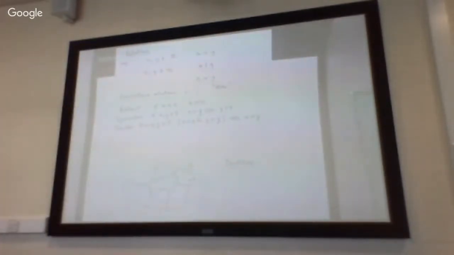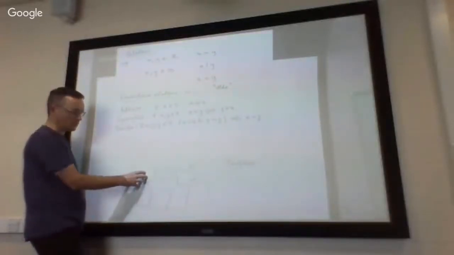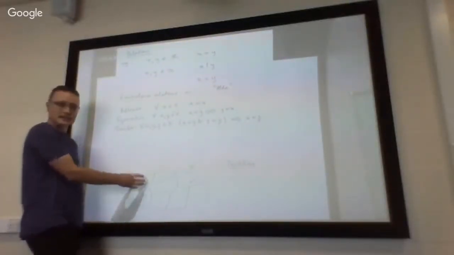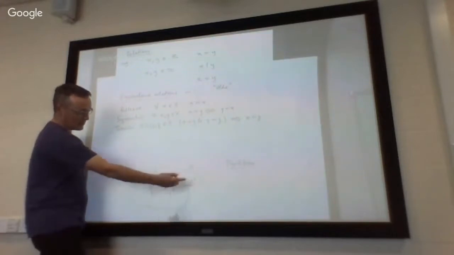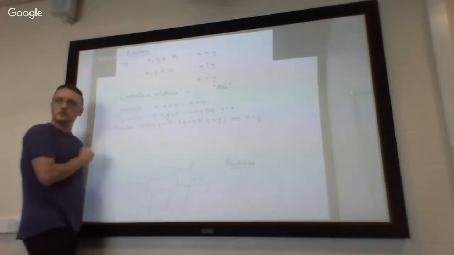There's a kind of theorem connecting equivalence relations and partitions, saying that whenever you've got an equivalence relation on a set, if you pick a particular element and look at all the other elements that are related to it, that will form a certain cell or subset. And then keep doing that. Keep picking an element that hasn't been used yet, gather together all the elements that are equivalent to it.